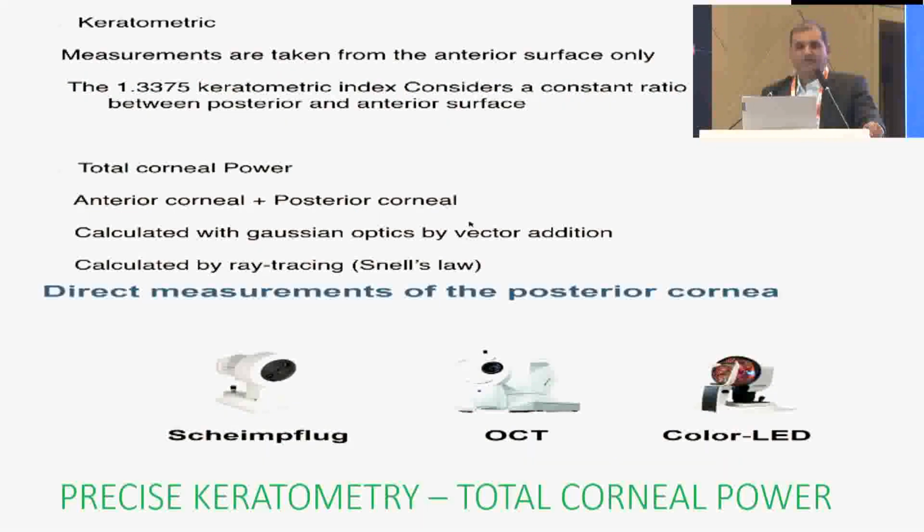In the same way, the keratometry is also very well measured by the front surface of the cornea or the back surface of the cornea, and you can calculate by vector addition, by the Placido images or the OCT or color-based LEDs.